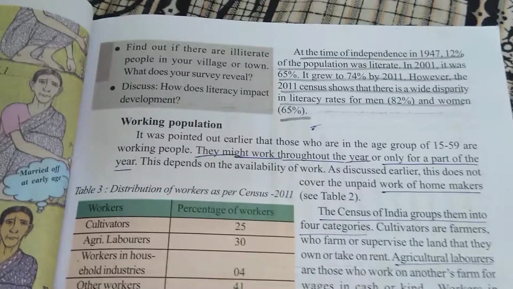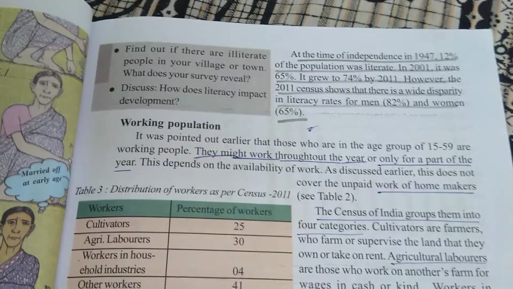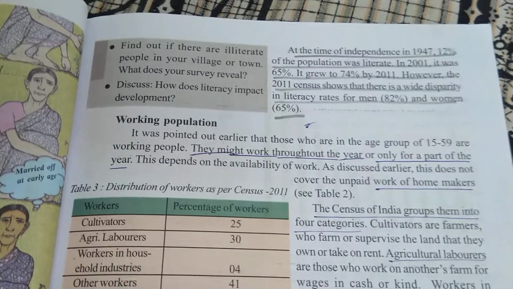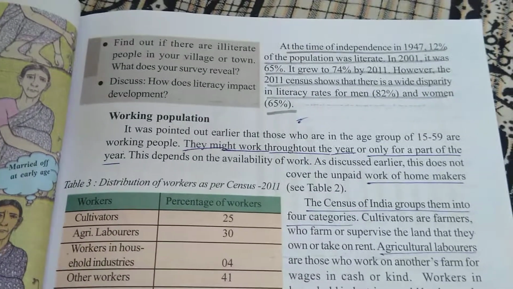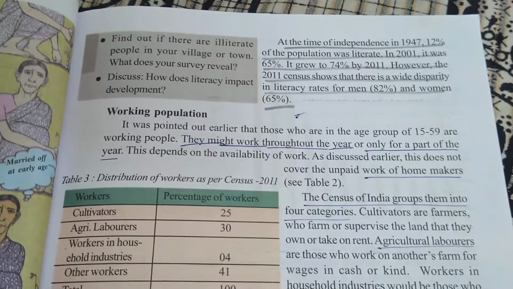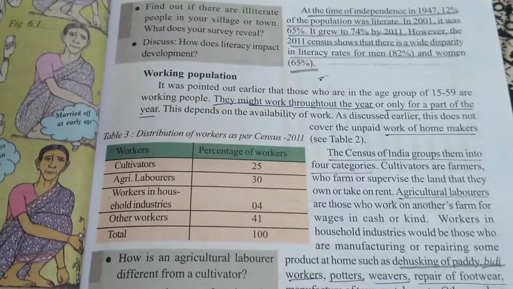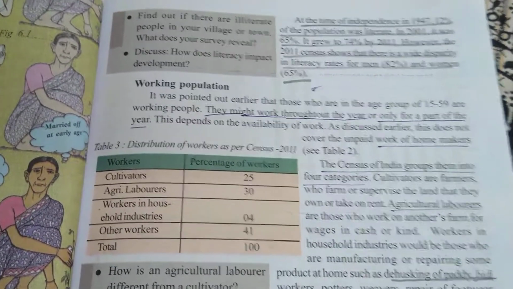For example, people may work in industries, agriculture, and household work like that. The census of India groups these working people into 4 categories: one is cultivators, second agricultural laborers, next workers in household industries, next other workers.